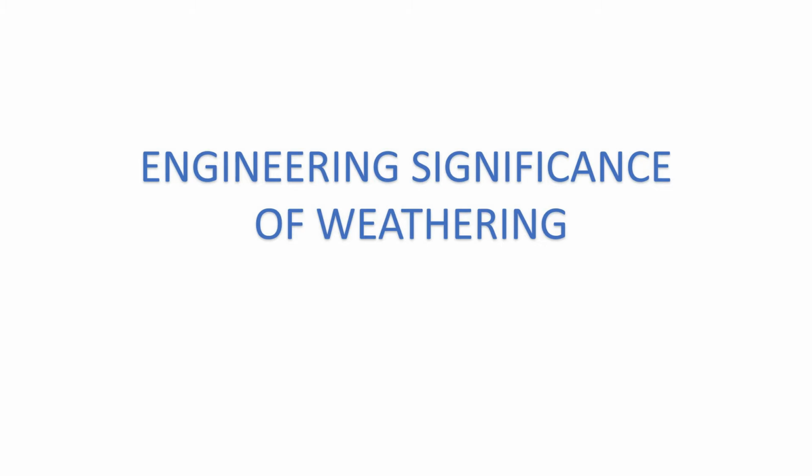A clear knowledge of the nature of weathering undergone by the rock to form the soil will give the engineer a better understanding regarding the engineering properties of soil or rocks on which the construction is going to be made.